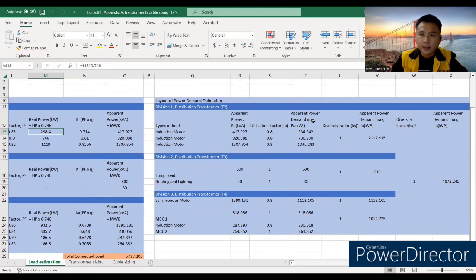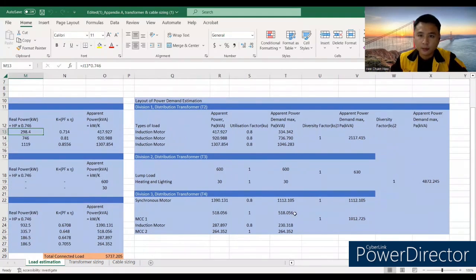To get the next apparent power, which is considered the maximum demand, after we get the utilization factor, we multiply it by this apparent power, then we get this answer. After that, we have to consider another factor, which we call the diversity factor.